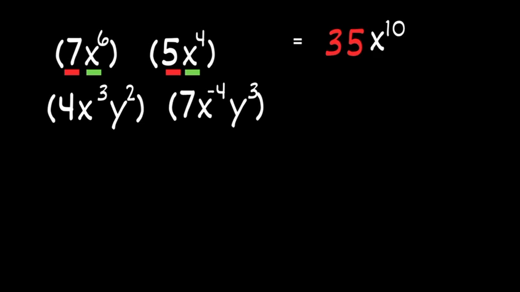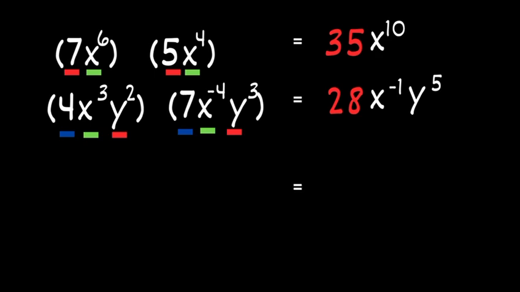Now the next example, we multiply 4 by 7, which is 28, and then x cubed times x to the negative 4th. So we get 3 plus negative 4, which is negative 1. And then finally, we multiply y squared times y cubed. 2 plus 3 is 5, so it's y to the 5th power.